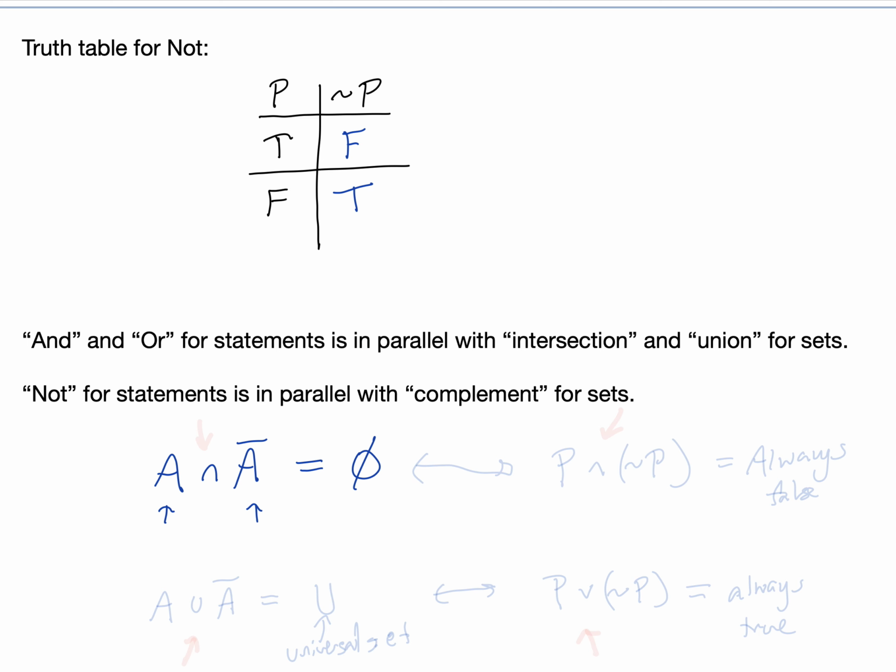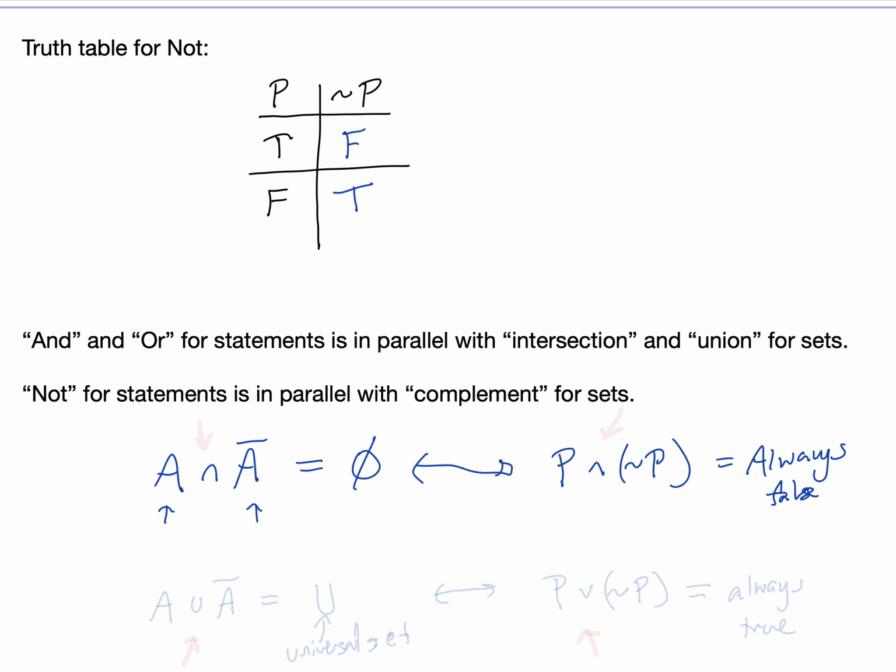Similarly, for a statement, P and not P, could that ever be true? No, this is always false. Could it ever be the case that both P and its negation is true? No, this is always a false statement, which kind of lines up with A and A complement being equal to the empty set.